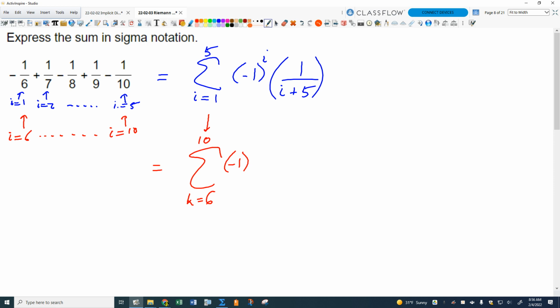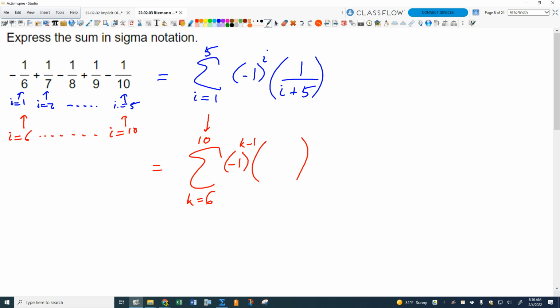So then what would that account, we have to count for the sign though. So it starts negative. If my first term is 6, what would the power of -1 have to be? Yeah, something like k minus 1 or k plus 1, right? Okay.